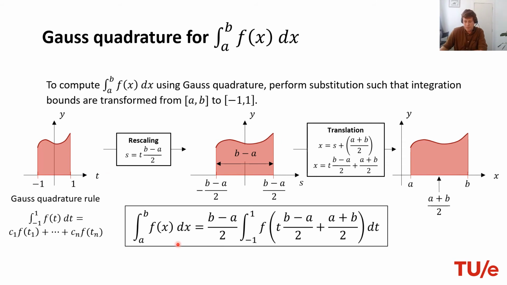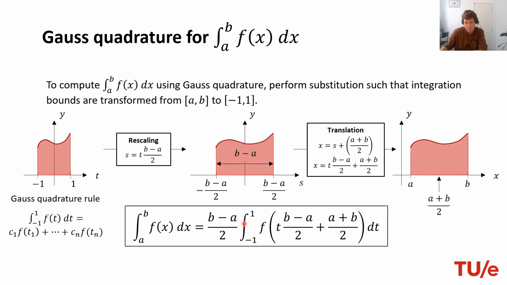So if we do this, we want to integrate this function f of x, which we do not know how to do well, but we can integrate this function f as a function of t between -1 and 1, because for that we have these quadrature rules. Then using this substitution, you can find out that dx is b minus a over 2 dt.